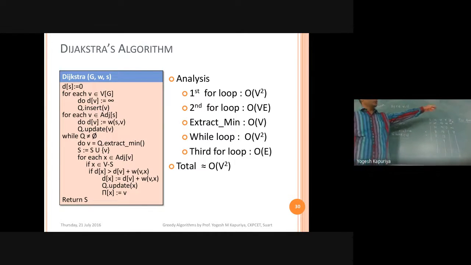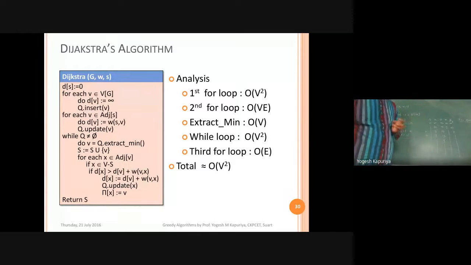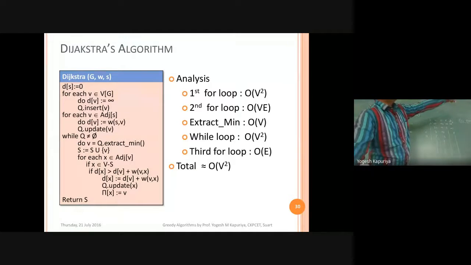Then the while loop will take care of it, because ultimately it's going to extract the vertex with the minimum distance, right? So this is the approach which we have followed on the board. This is another approach which you will find in much of the literature. That's why I've written it over here. Okay. Fine. So that loop, in which we are actually doing the same thing.